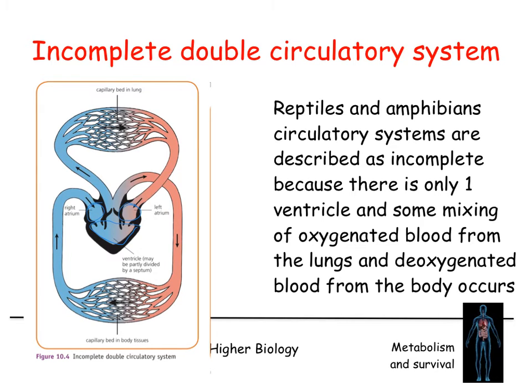So you get some mixing of the oxygenated blood from the lungs and deoxygenated blood from the body, mixing in this area here, so you'll get a bit of mix happening. Now, in amphibians, it's not such a major problem because blood that's returning from the body has actually been partially oxygenated from the skin of the amphibian. And so that helps to overcome some of this problem.